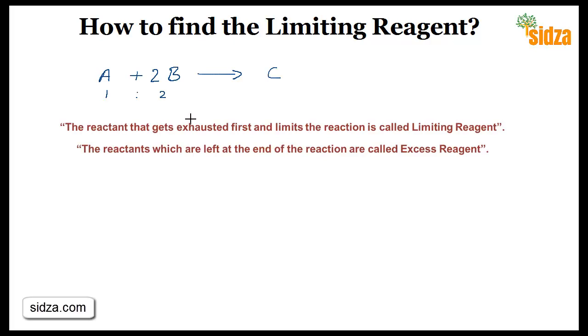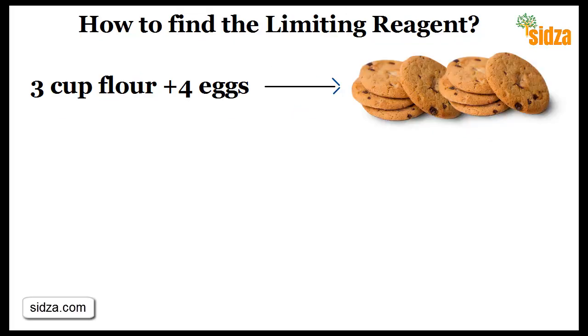Now the question here is, how can we identify the limiting reagent and why is this limiting reagent very important in the reaction? To understand this clearly, let's take an example. Let's suppose a very good recipe of making 8 cookies.